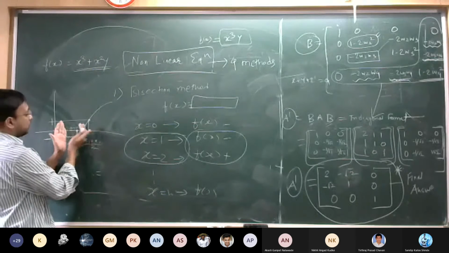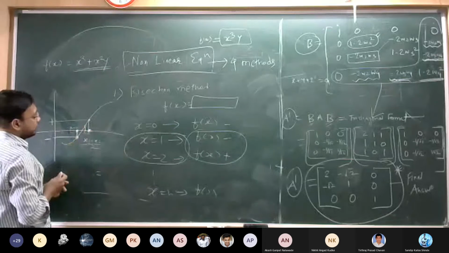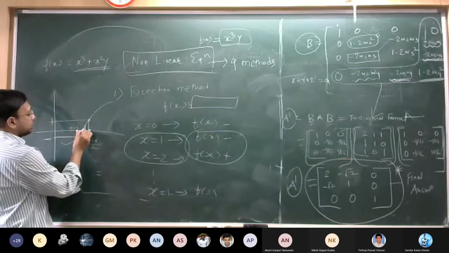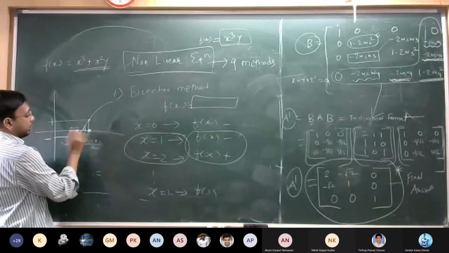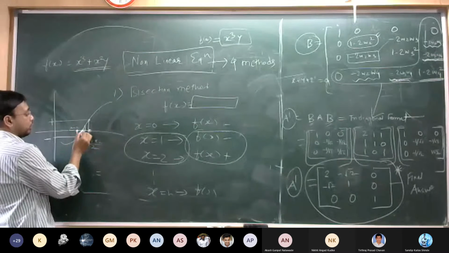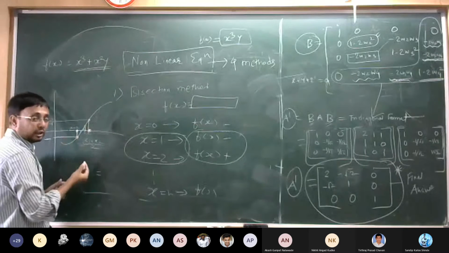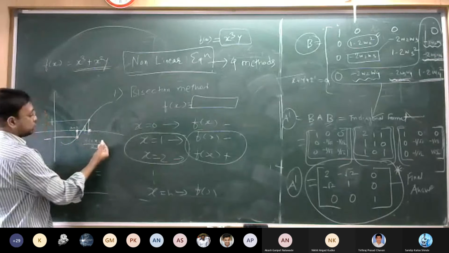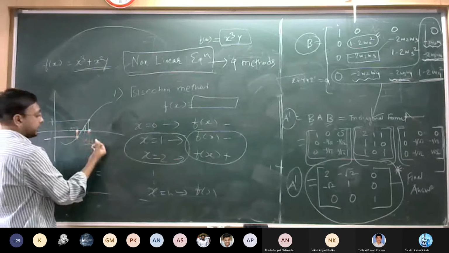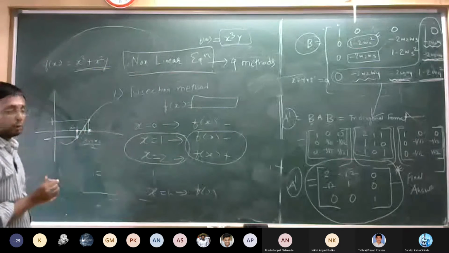Again we have to put the value in the particular equation and continue to this level. Whenever the average is taken between these two values, if it is positive we correlate with negative, and if it is negative we correlate with the positive one.